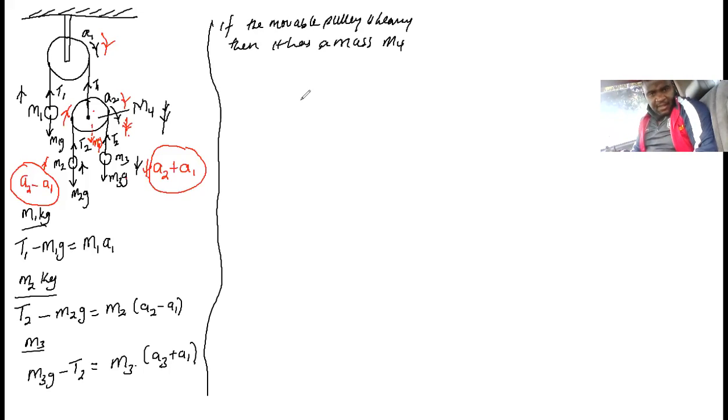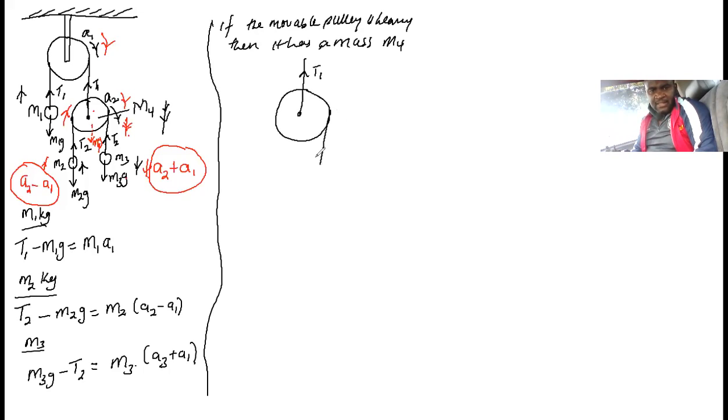I said if the movable pulley is heavy, then it has a mass M4. So if it is heavy, let me extract it out so that I don't congest the diagram. This is the movable pulley with a string here taking it to T1.